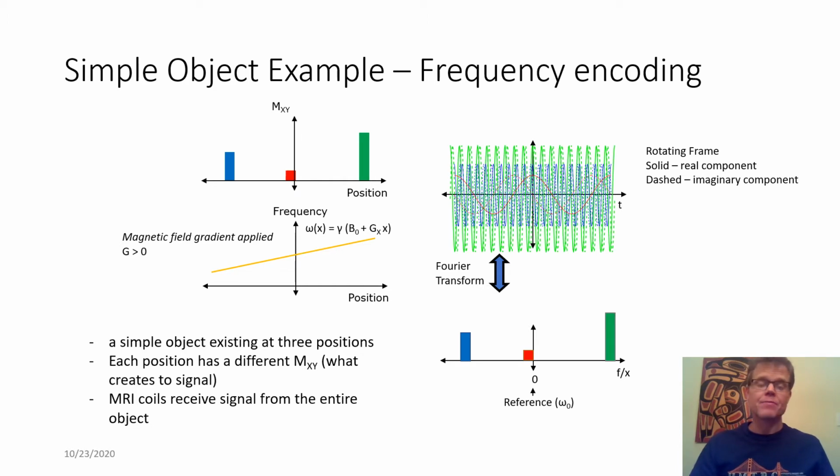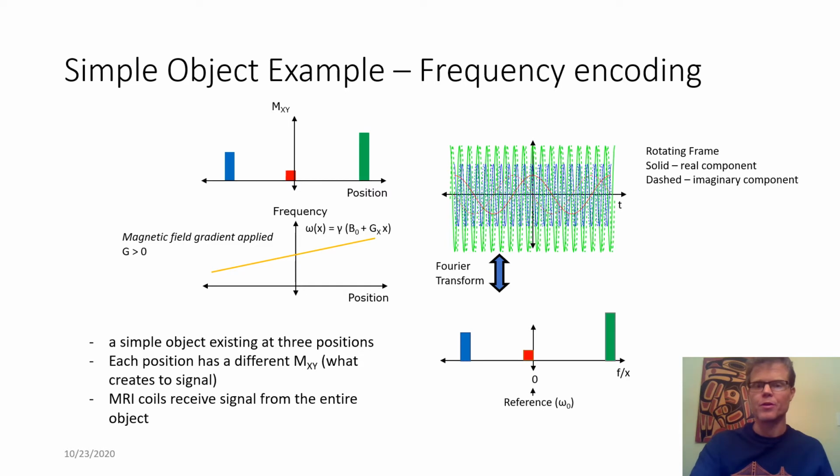So if we add frequency encoding to this picture, we showed a few slides ago where we have this transverse magnetization created by some RF pulses. We turn on a magnetic field gradient, so we get this relationship of frequency versus position. Now, each of these separate positions in this simple object is going to have a different resonance frequency because they're at different positions.